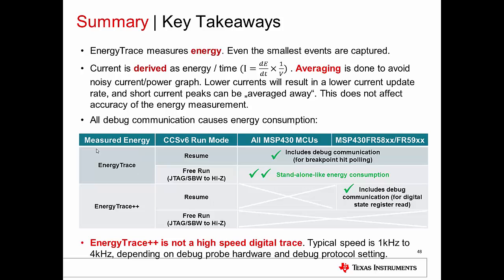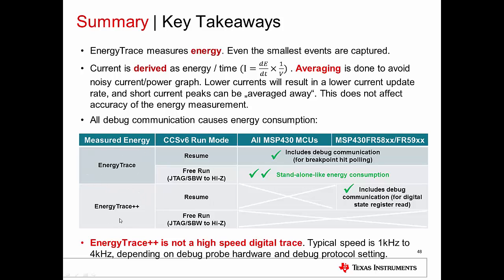You saw earlier in the previous slide on the absolute current measurement how the current consumption doesn't look as pretty because we're operating at a very low current. At a lower current, it does a lot more averaging from the amount of energy that's been consumed. And we did that in free run mode because we don't want any debug communication to affect our current reading here. That's for the energy trace mode.